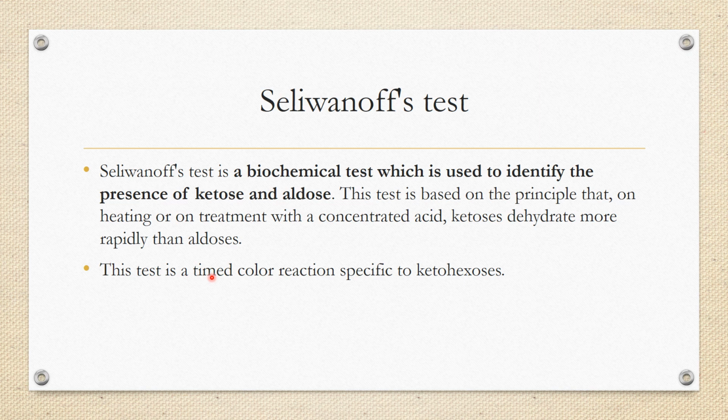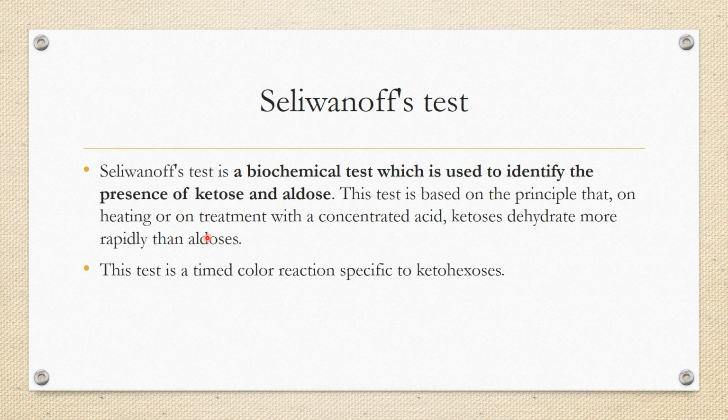So this test depends on the time, because aldoses also can be dehydrated by heating and treatment with a concentrated acid, but the ketoses dehydrate more rapidly than aldoses.